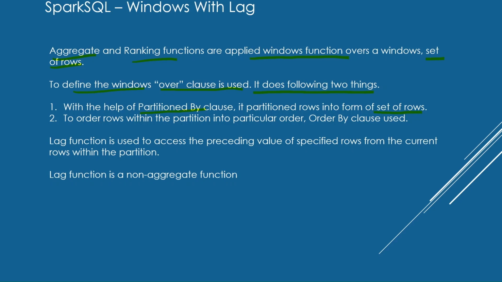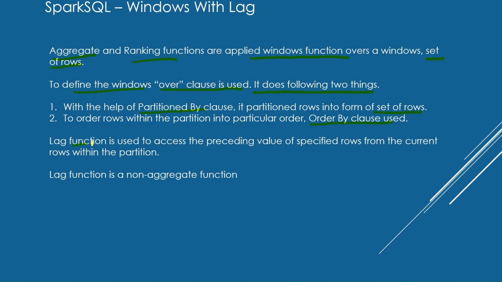So all the data of the same year will be present in one partition. And if you want to order the data present in a partition in ascending or descending order, we can do it with the help of an ORDER BY clause.